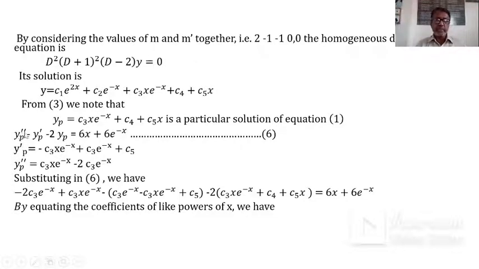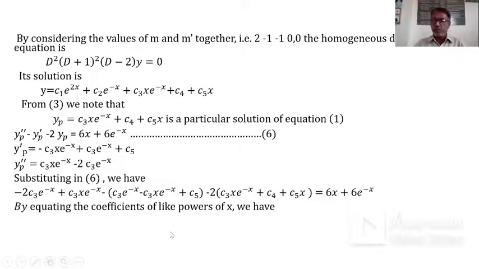Therefore, we get yp double dash minus yp dash minus 2yp is equal to 6x plus 6e to the power minus x. We call this equation 6. Now from yp we find yp dash and yp double dash, and substitute the values of yp, yp dash, yp double dash in equation 6. Then we get this equal to 6x plus 6e to the power minus x.